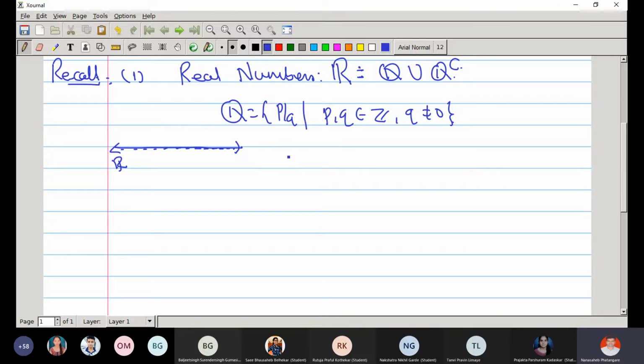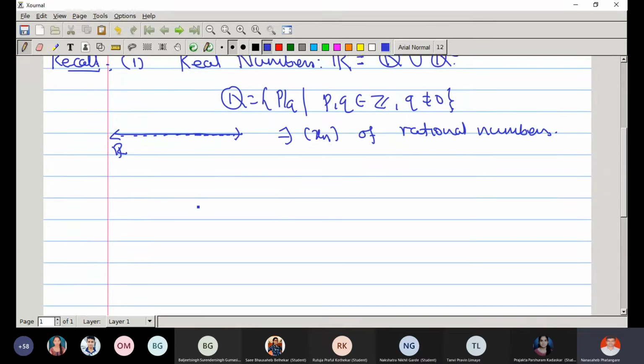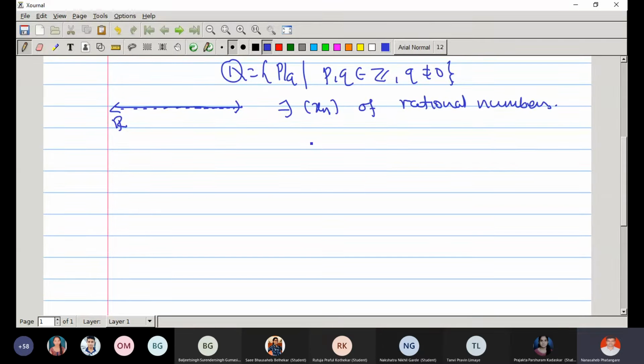And then ancient mathematicians found that there is a sequence x_n of rational numbers which converges to a number alpha, and alpha is not in the rational numbers.